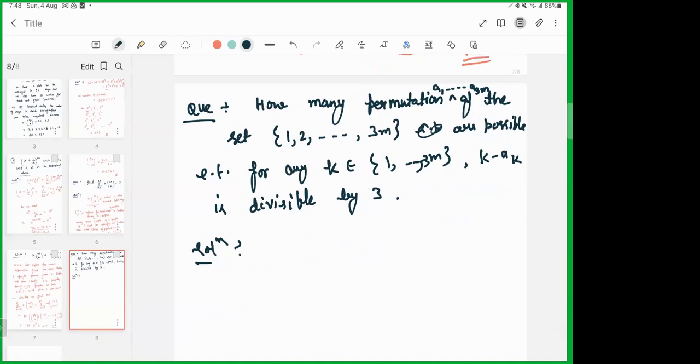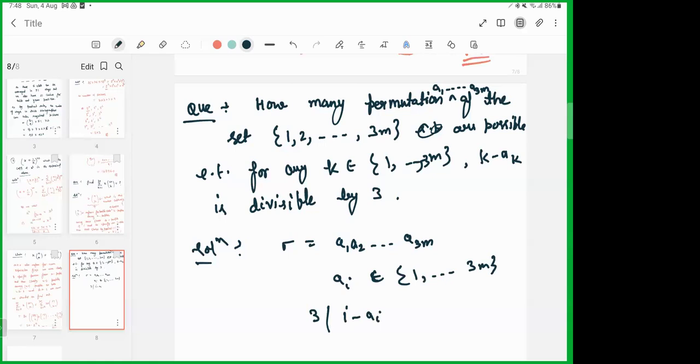The permutation values and the k are from the same set, right? Yes. So let me write. Your permutation, let's say sigma, is of the form a1, a2, and so on up to a3m. Now these ai's belong to 1, 2 up to 3m, and the condition is that 3 should divide i minus ai.